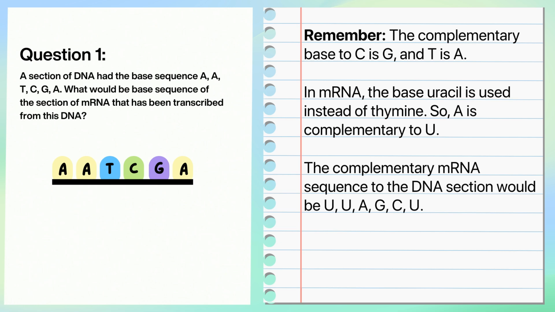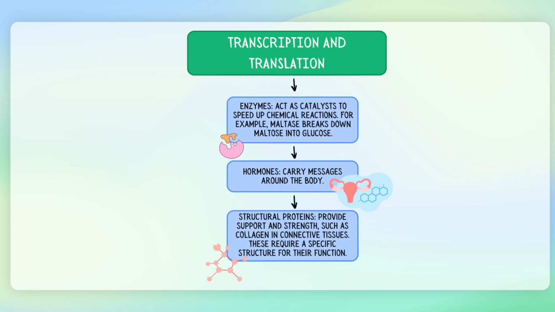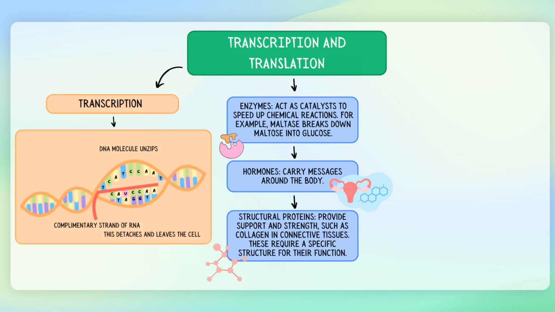In today's lesson, we explored protein synthesis, focusing on transcription and translation within the context of DNA's role in inheritance and evolution. We learned that DNA contains instructions for making proteins, which determine an organism's traits. During transcription, a gene's DNA sequence is transcribed into messenger RNA, mRNA, in the nucleus.